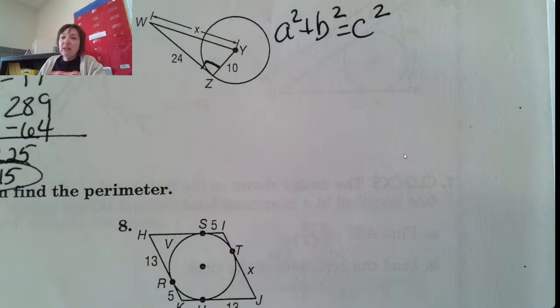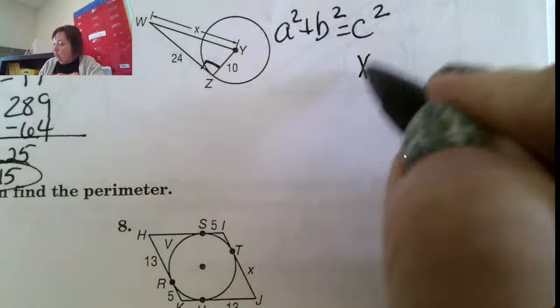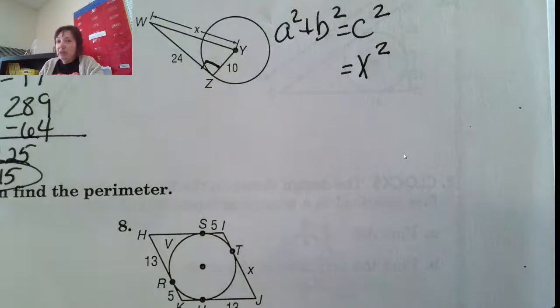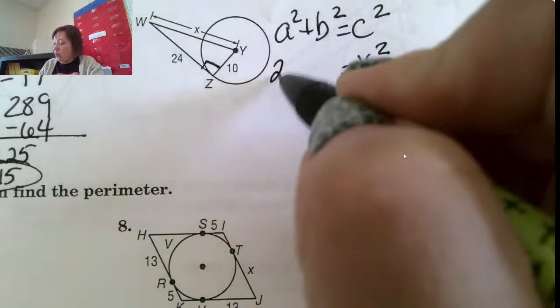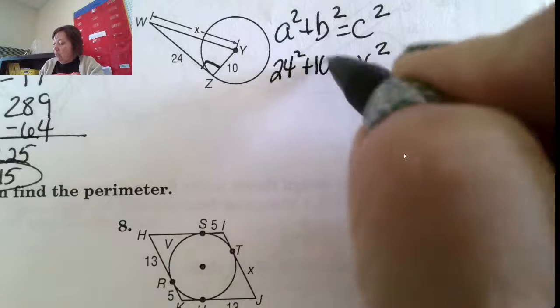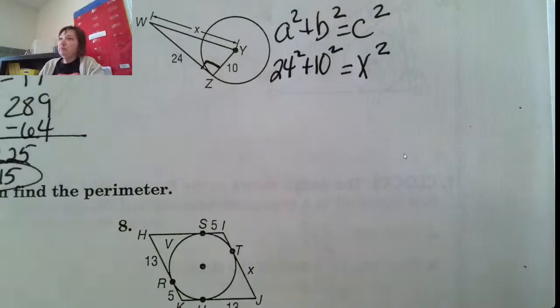And what is our unknown value? X. But what is it in A, B, and C? C. It's C. So that's our unknown value right there, and the 24 and the 10 are our known values.